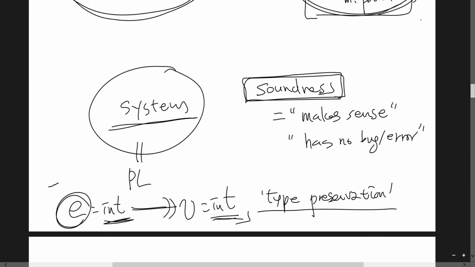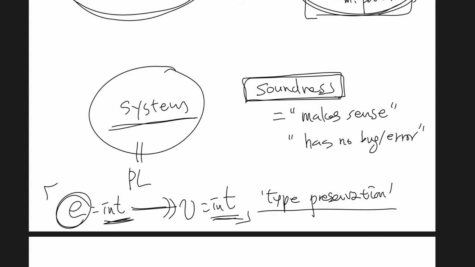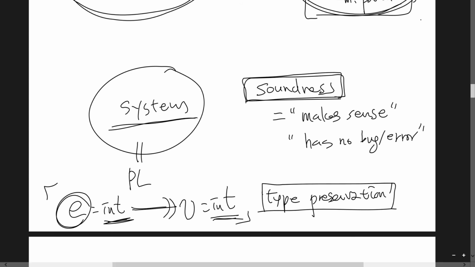So this is one of the soundness properties of this programming language. And we'd like to prove this soundness property, but it may not be obvious unless the system is that simple. If this type preservation does not hold, then you might be very surprised.